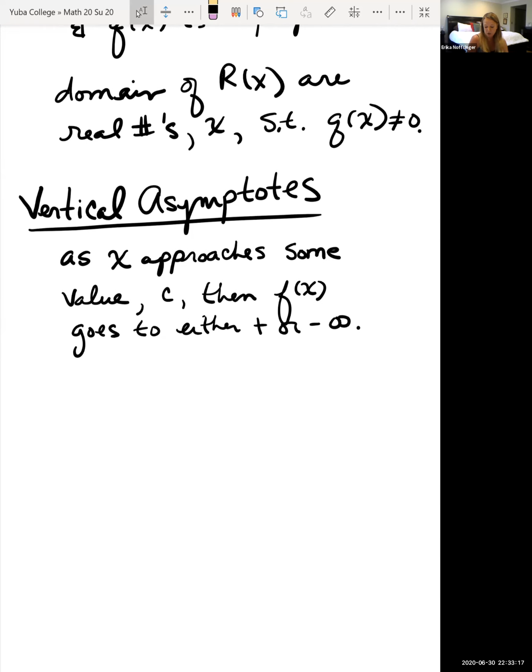When I'm saying it's approaching the value x, usually we think about it as approaching from the left, but really here we're going to think about approaching from both directions.